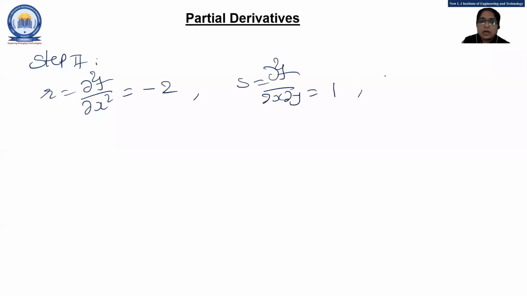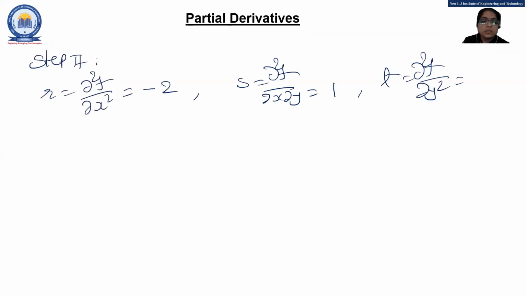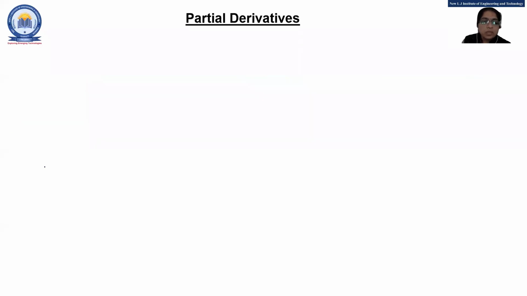And t, that is del square f by del y square, is again 2, right? As we have the values of r, s and t, we'll move to step 3.